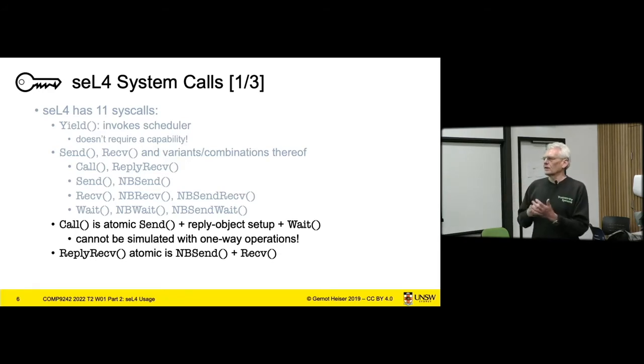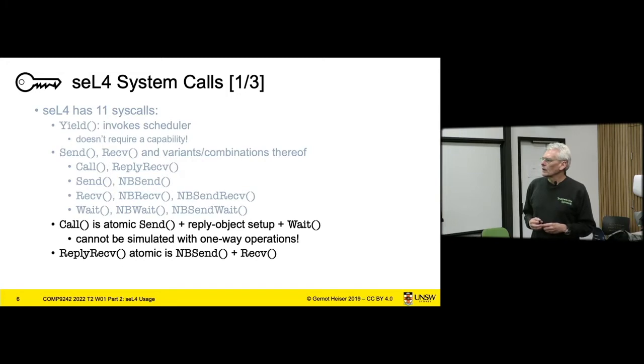So it has a different semantics from having send followed by receive. The one difference is that it's atomic, whereas a send followed by receive would not be. And I explained why that is not a good thing yesterday. But the other thing is it sets up the reply object, which allows the receiver then to reply back using reply receive.